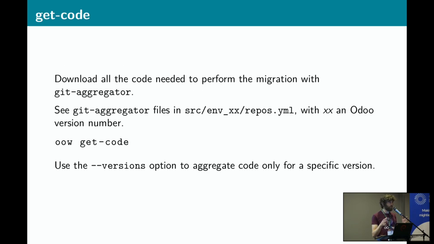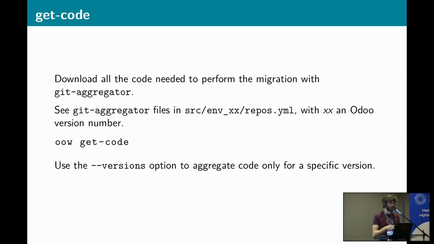Then, when you have your structured repository, you can start filling in the Git aggregator configuration file. There is one configuration file for each environment. So if you are making a migration from 16 to 17, you have just 2 environments. It's in src and then the number of the version, and there you put all your needs: custom modules, OCA modules, and so on.